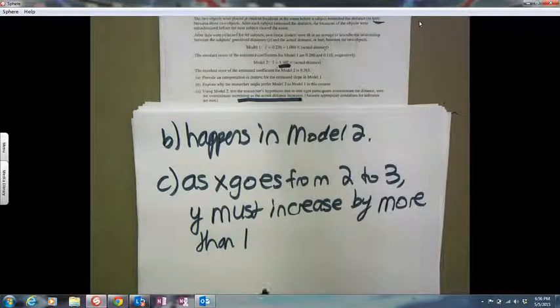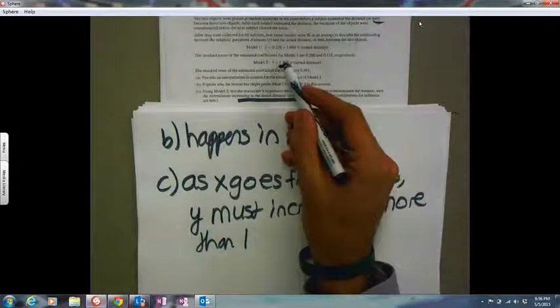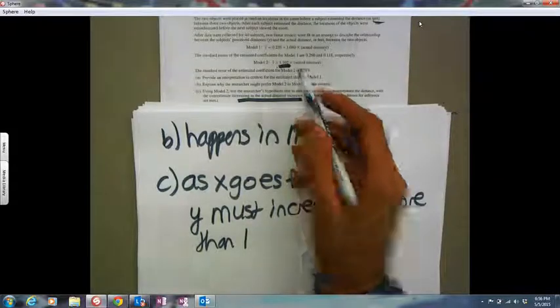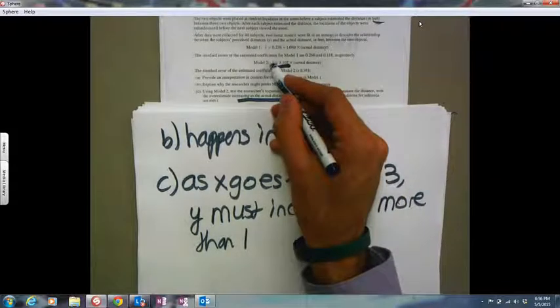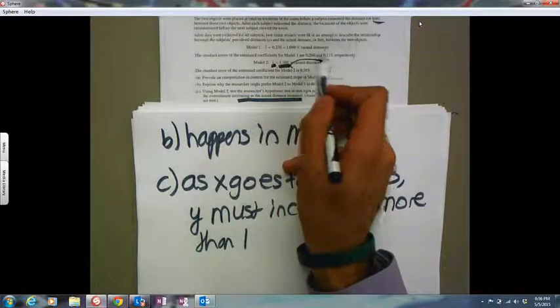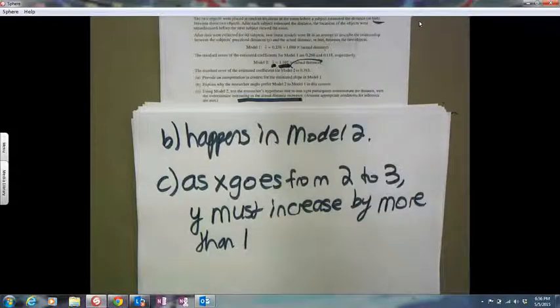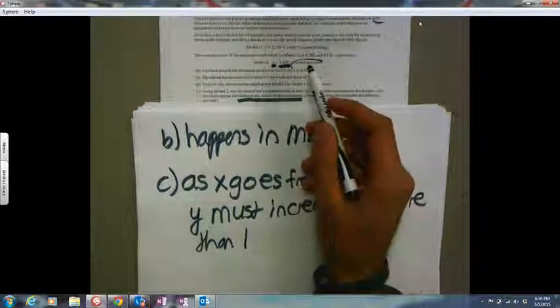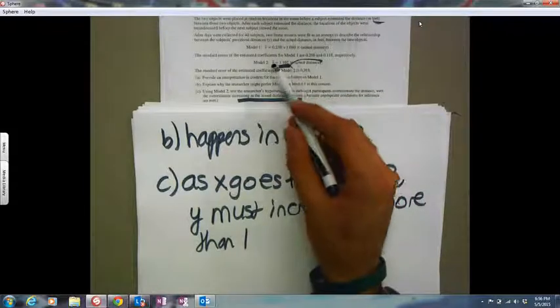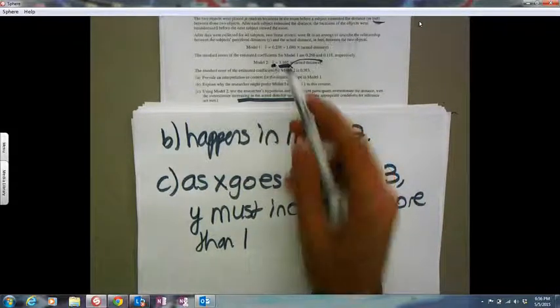If this is bigger than 1, then if I plug in 3 and then 4, the y increases by more than 1 unit for every 1 unit increase of this. Basically, I'm saying this slope better be bigger than 1. If the slope is bigger than 1, then as the distance increases, this increases by more than just 1. And they want me to do a test on this.